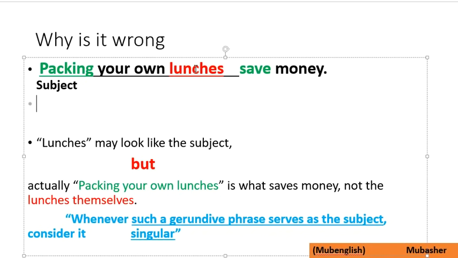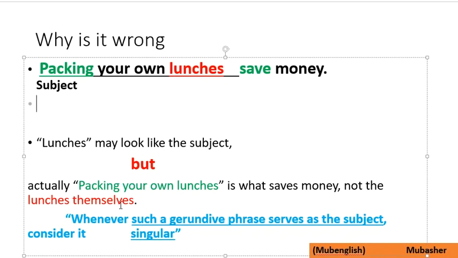If we look deeply at the sentence and try to understand it, what is this sentence trying to say? This sentence is not trying to say that lunches basically save money. This sentence is saying that packing your own lunches saves money. Although lunches looks like the subject, actually packing your own lunches is what saves money.